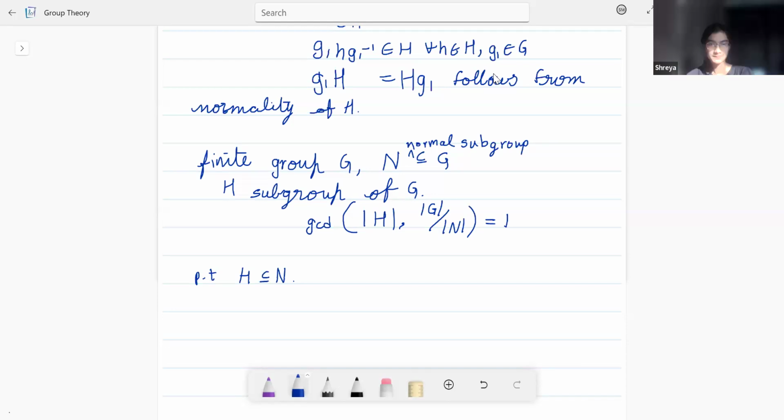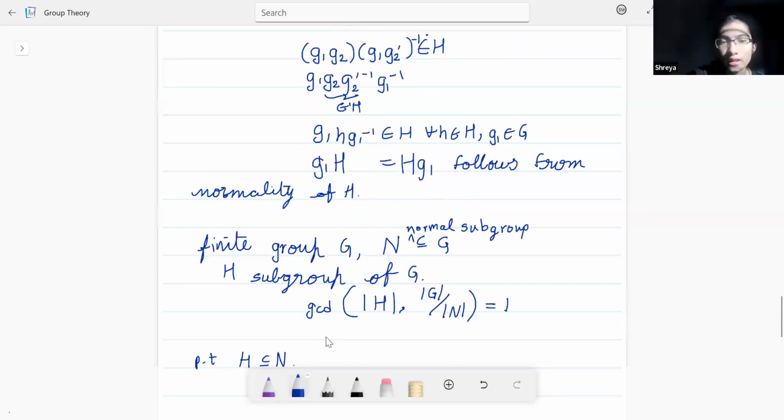So it kind of gives uniqueness for this part of Lagrange's theorem.